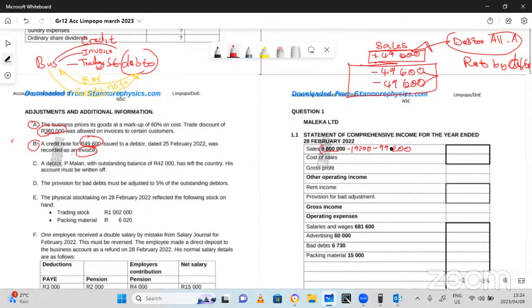So we subtract the 99,200 rands. Okay, so we check, is there any other adjustment that will affect our sales? Adjustment C, a debtor, Marlene, with outstanding balance 42,000 has left the country, so this is not affecting our sales.